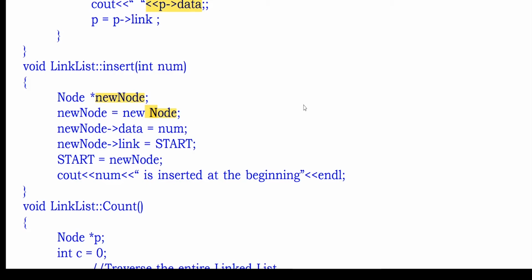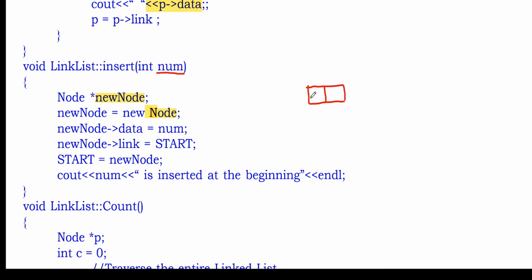So new node. It is created, and for understanding purposes I am writing it here. It's a new node which has 2 fields. One is the data field, the other is the link field. We add the data field, some number which has been received.